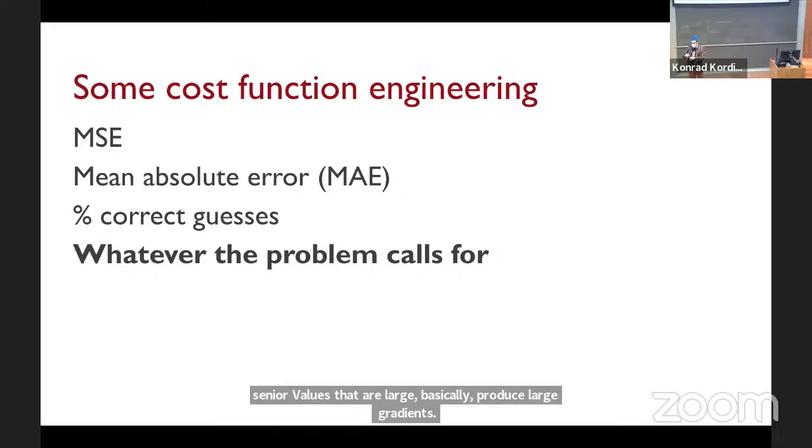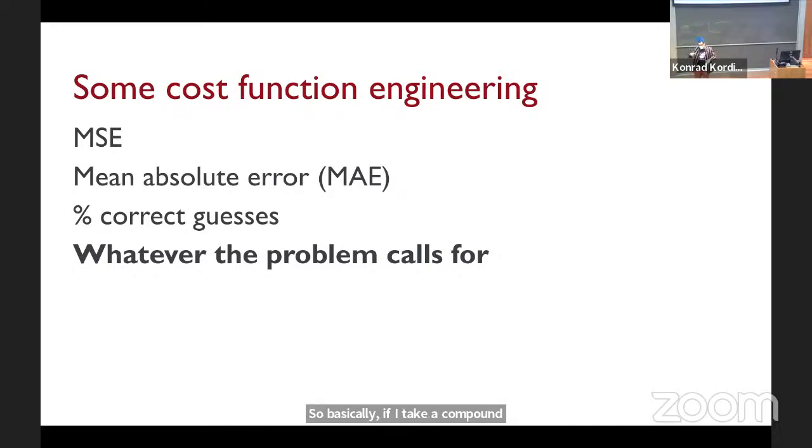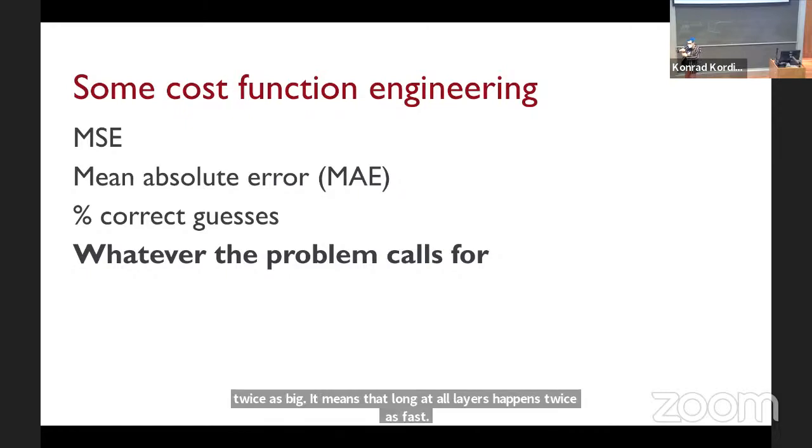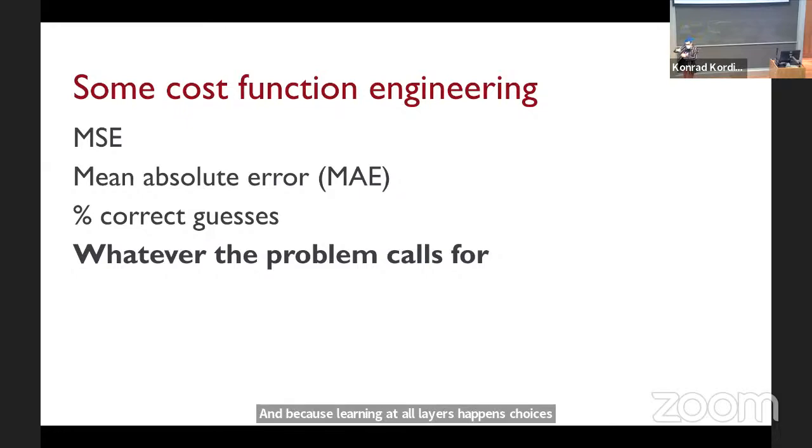If I take a vector in the input and I scale it to make all the vectors say twice as big, it means that learning at all layers happens twice as fast. And because learning at all layers happens twice as fast and we're in a deep network, it learns exponentially faster. That's why the size of the singular value ultimately translates to the speed with which it learns.